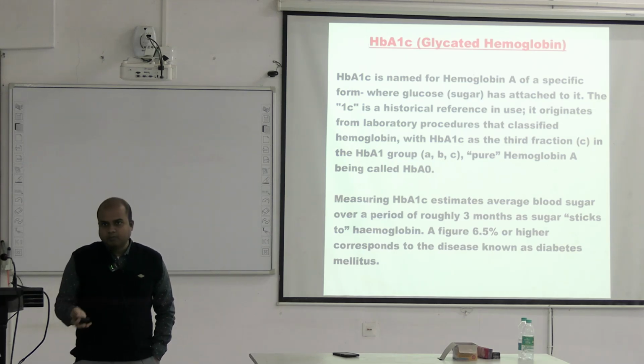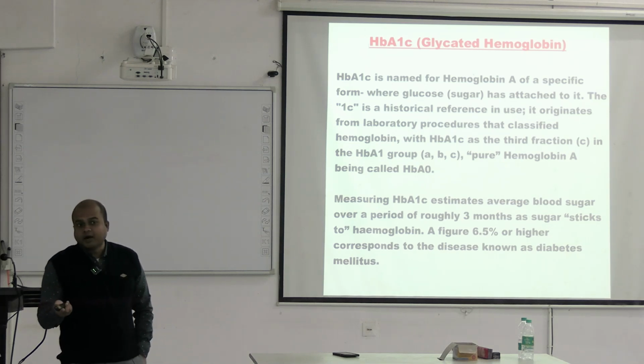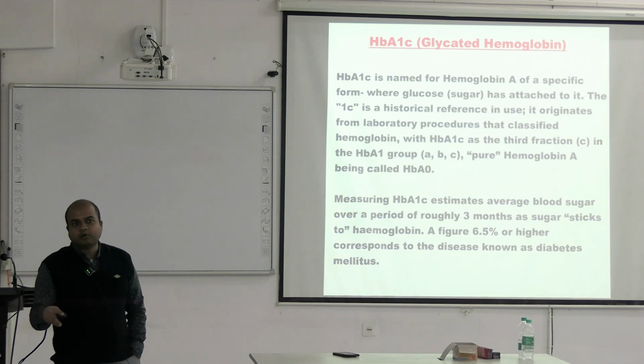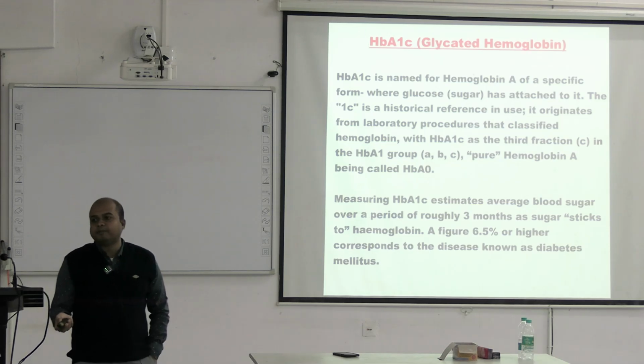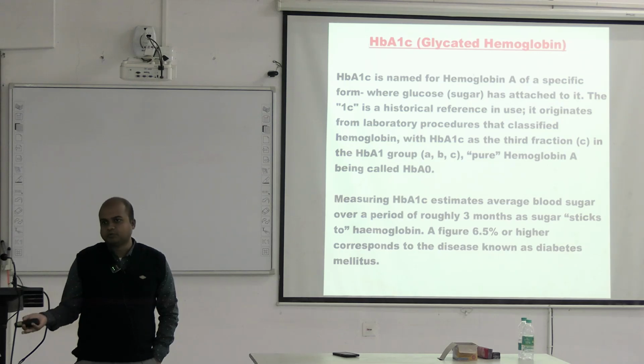But in otherwise healthy individuals who have developed diabetes, healthy meaning they do not suffer from something related to hemoglobin structure or function, HbA1c can be a marker, and it is probably nowadays the best chosen marker, contributing to the diagnosis of diabetes mellitus. A percentage of 6.5 or more probably corresponds to the symptoms and signs of what we are calling the disease diabetes mellitus.